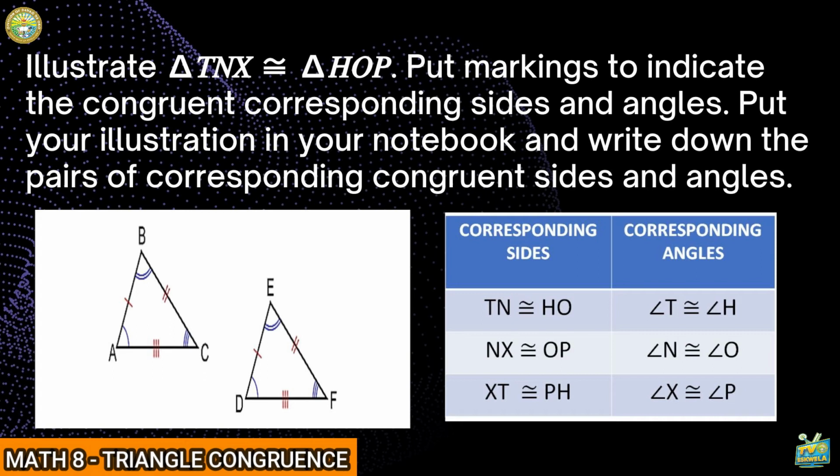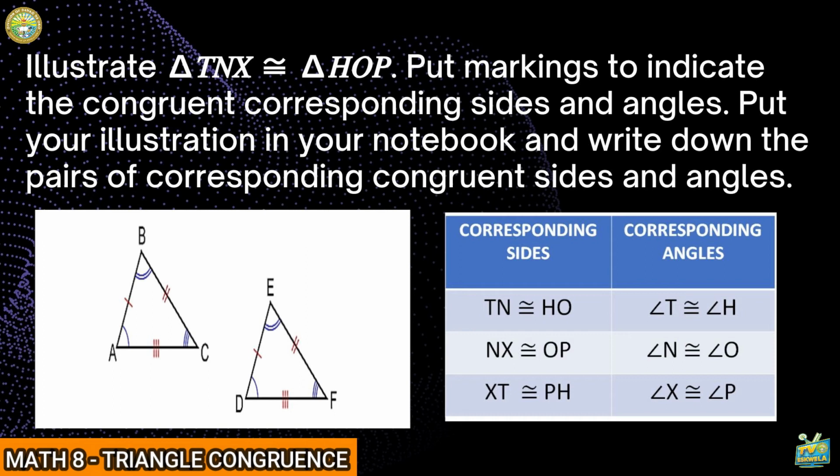Note, line segment HO is congruent to line segment TN is acceptable based on the reflexive property of congruence. If each endpoint is interchanged, like TN to NT, it's still okay as long as you interchange HO to OH on the second triangle. I hope that I made it clear.